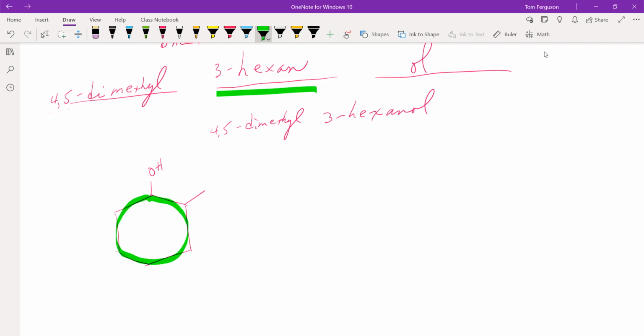It's cyclic in this case. Six-carbon cyclic. It's got an alcohol functional group, and it's got a methyl branch.